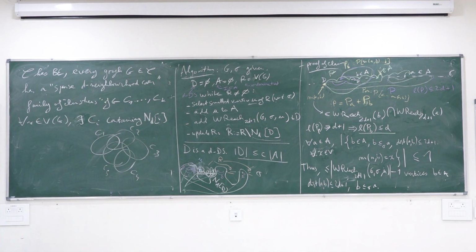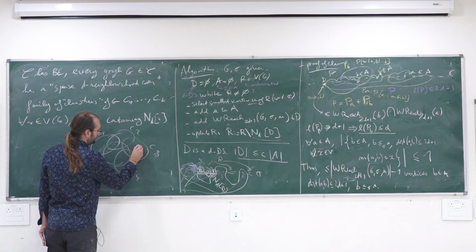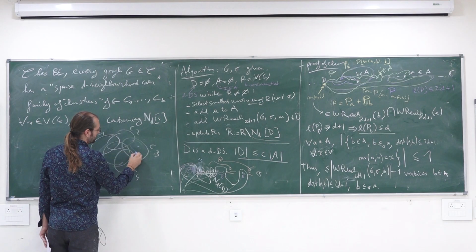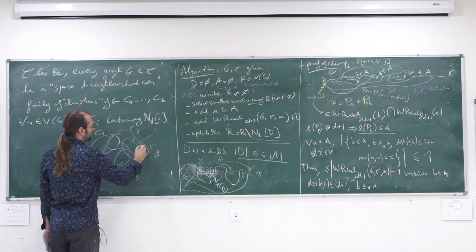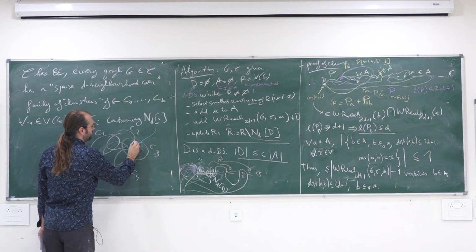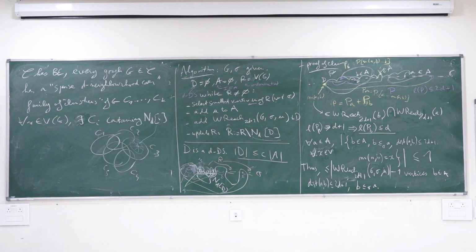And now any vertex of your graph should be entirely contained in one of the clusters, meaning its neighborhood at distance D. Okay.